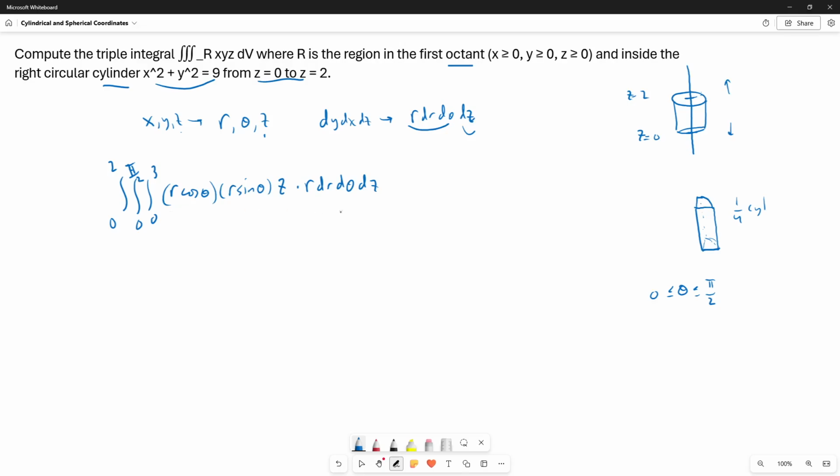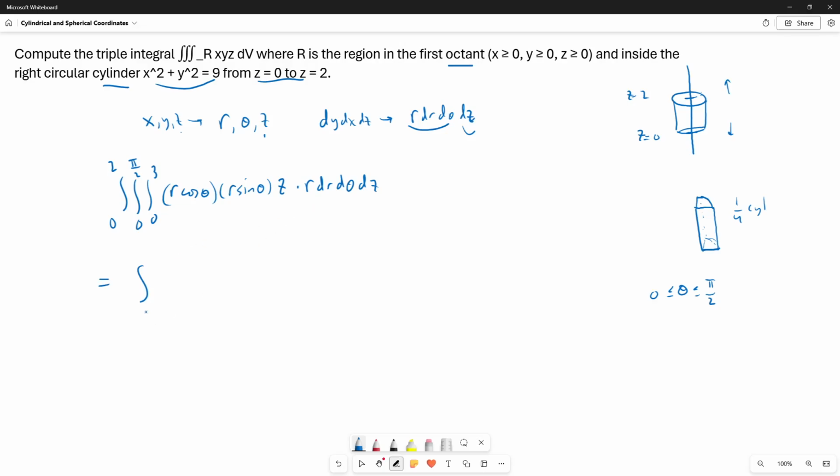Okay, so this is our triple integral. This at the top here says pi over 2. Now this function is separable, meaning that it's a function of r times a function of theta times a function of z. And so we could split this triple integral into a product of 3 integrals.